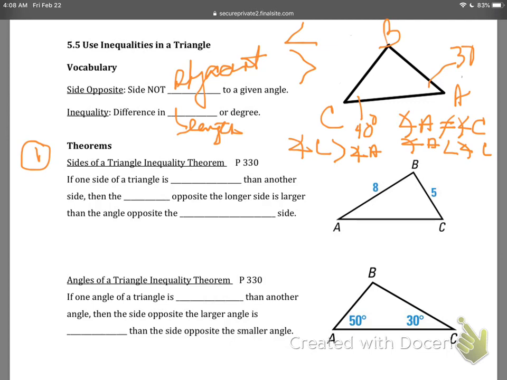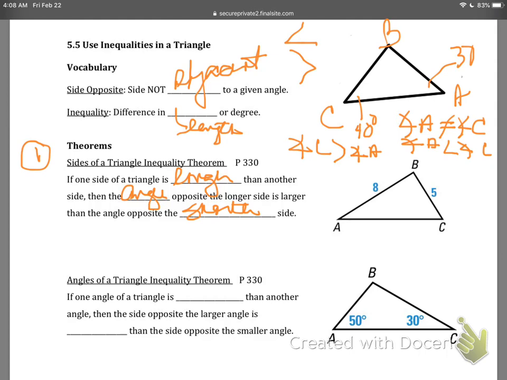If one side of a triangle is longer than another side, then the angle opposite the longer side is larger than the angle opposite the shorter side. Okay, so here we have a triangle. I have a length of AB equal to 8, a length of BC equal to 5.